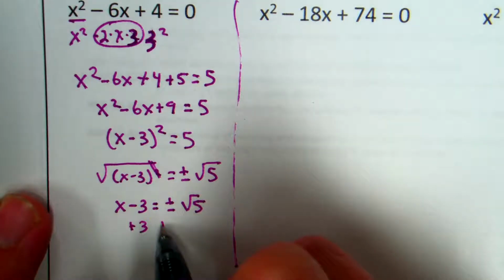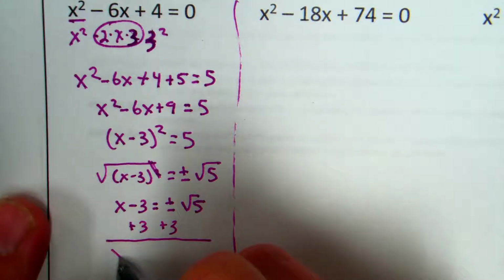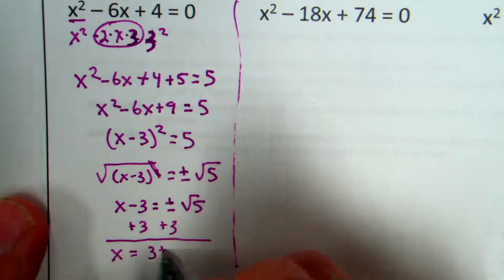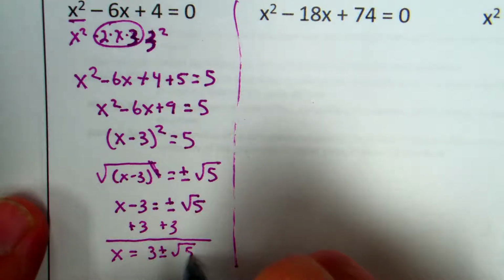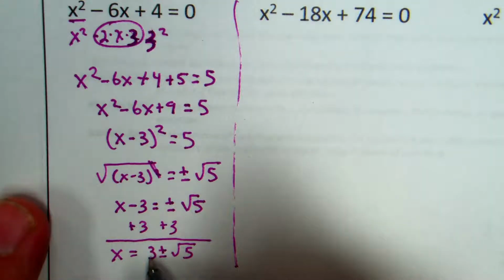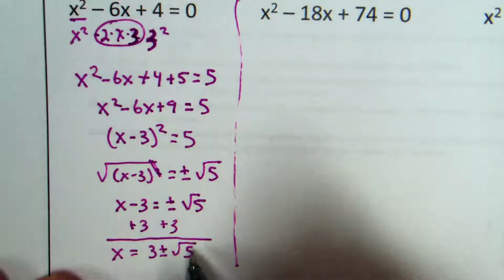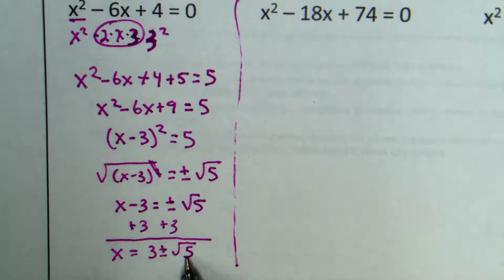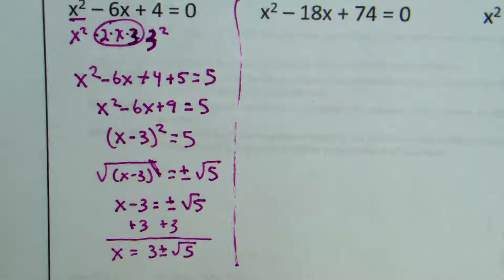This is a fairly simple equation to finish. x equals 3 plus or minus radical 5. Notice this is actually two answers, 3 plus radical 5 and 3 minus radical 5. Radical 5 is roughly 2.2, so this would be 3 plus 2.2, so 5.2, and 3 minus 2.2, which is roughly 0.8.